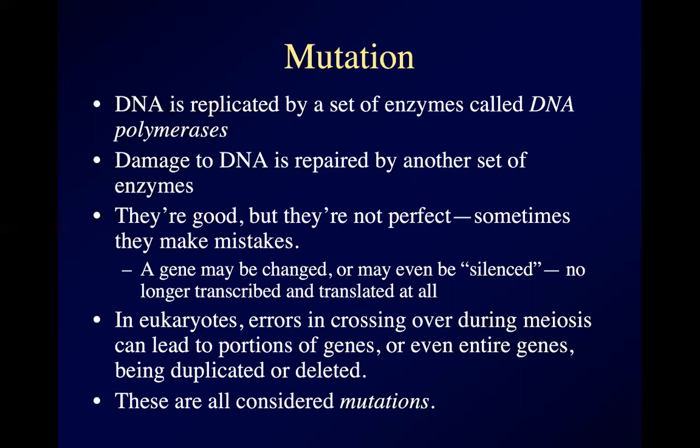You can also have mistakes in crossing over that can lead to portions of genes, or sometimes whole genes, getting duplicated or getting deleted. Just as sometimes if you're typing something, your eye might slip and you might accidentally leave words out, or sometimes accidentally duplicate sections. All of these are considered mutations, any kind of change in the sequence of DNA nucleotides that can be passed on to the next generation. Those are all mutations.